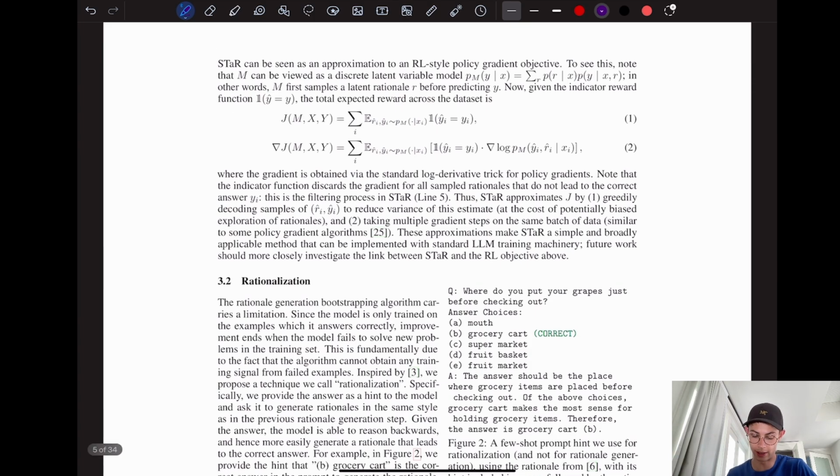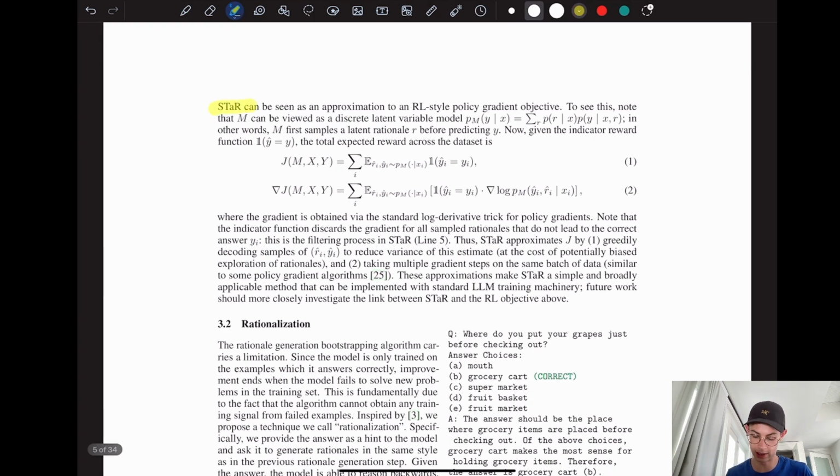So in the paper, they make this interesting claim that STaR can be seen as an approximation to an RL-style policy gradient objective. So what does this mean? Suppose that we know that in STaR we're fine-tuning the model over the rationale and the answer.